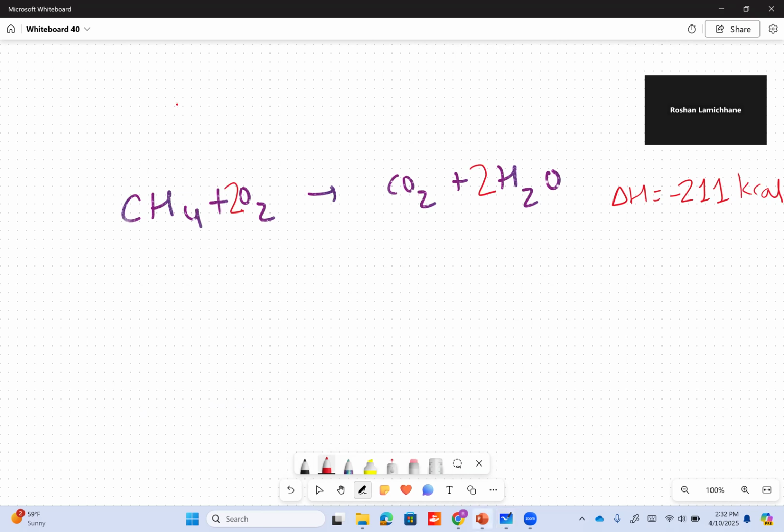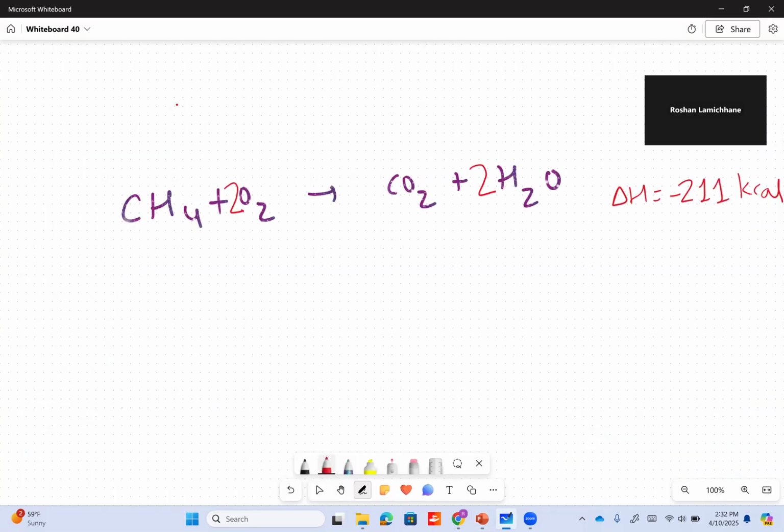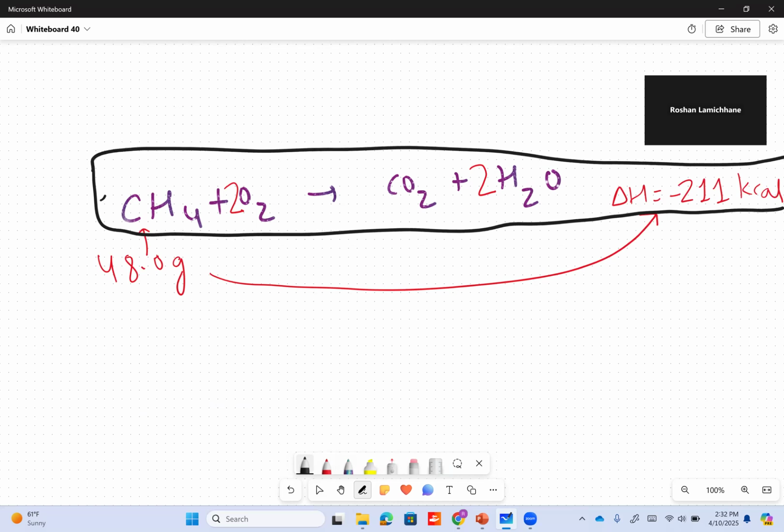All right, now if you go back to my question, it's asking me if we burn 48 gram of methane, how much heat is produced? Because whenever we looked at this reaction right here, what this is telling me is when 1 mole of CH4 is burned in 2 moles of O2, this is the energy that's released.